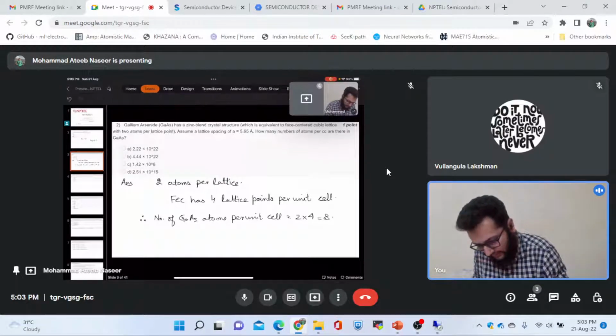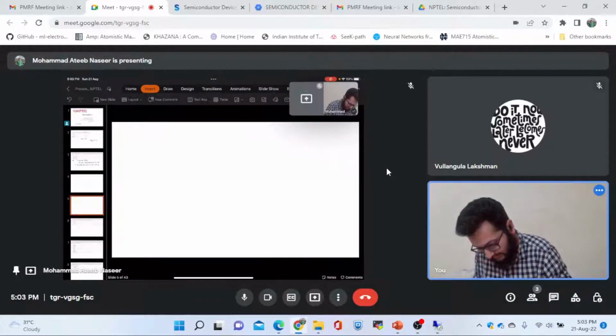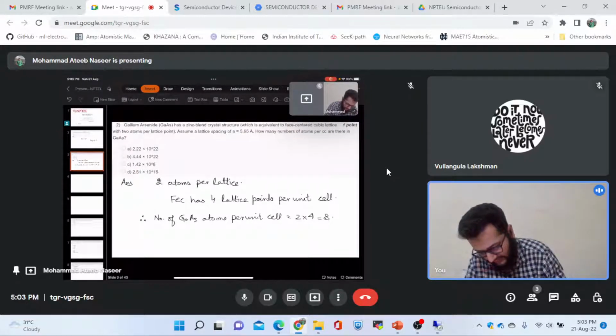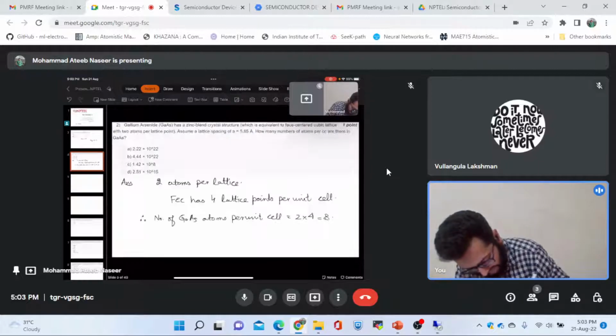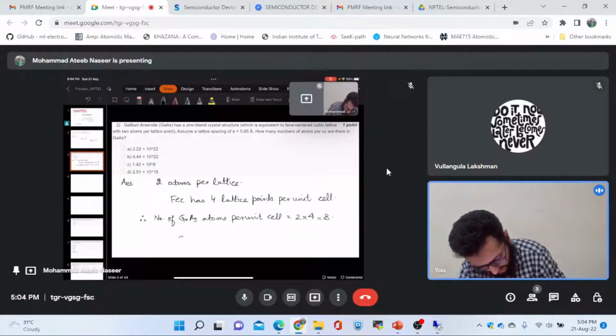Now we are required to find the number of atoms per cubic centimeter. So we need to find the volume first, and we know the lattice constant a is given by 5.65 angstrom, and we know 1 angstrom equals 10 to the power minus 10 meter.